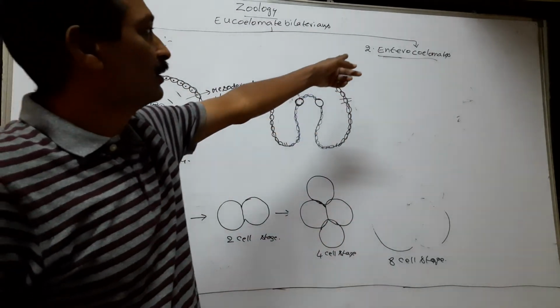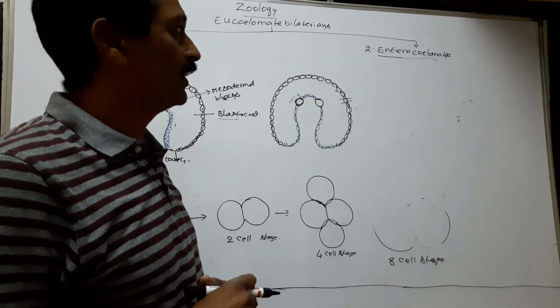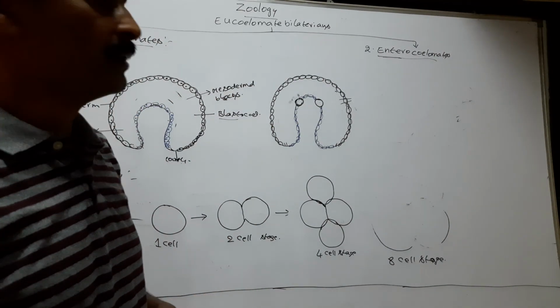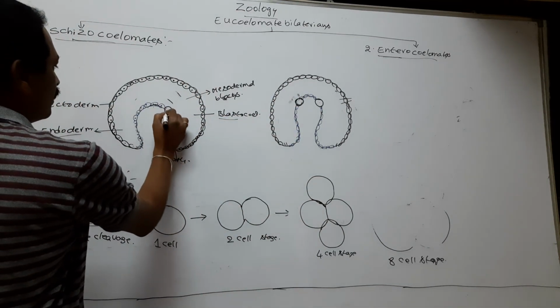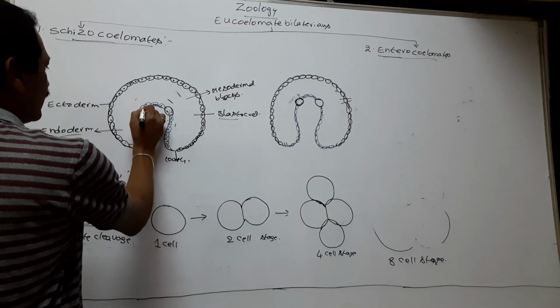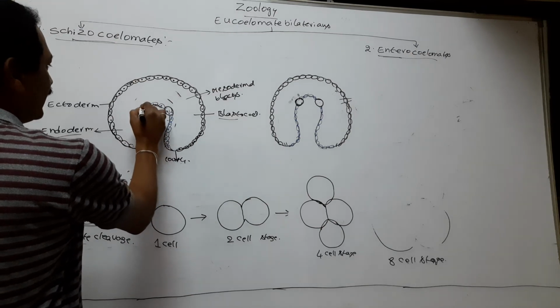So, during embryonic stages of enterocoelomates, mesodermal pouches arise from the archenteron.